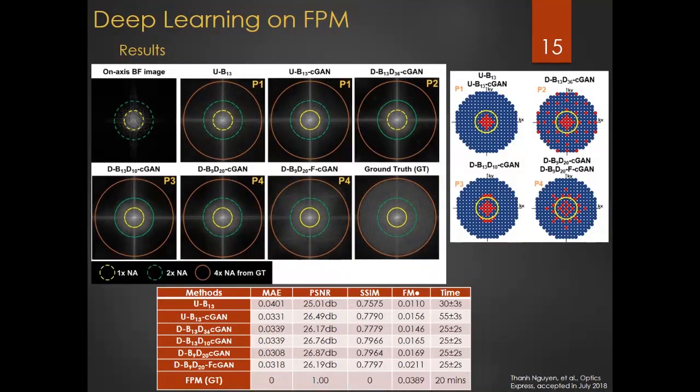This is the table of the measurements: mean absolute error, noise, structural similarity, Fourier measurements, and the time. The total iterative time is 20 minutes, but we reconstruct the whole field of view in 25 seconds.